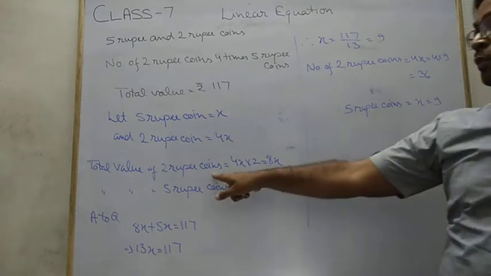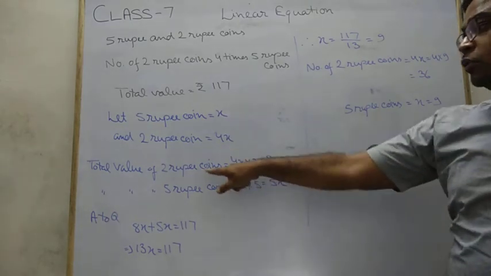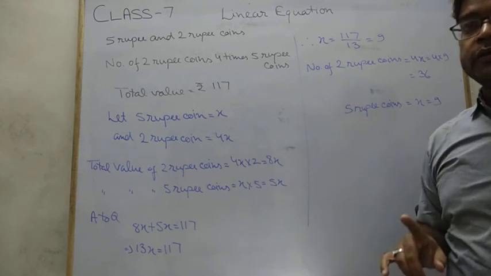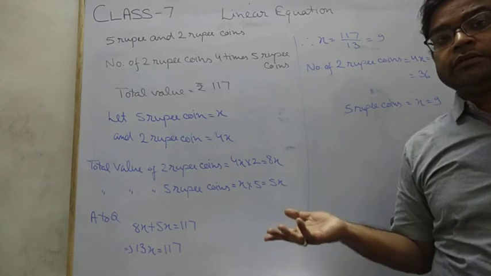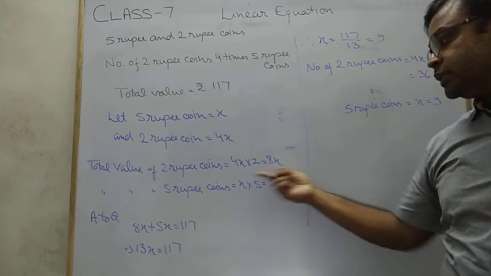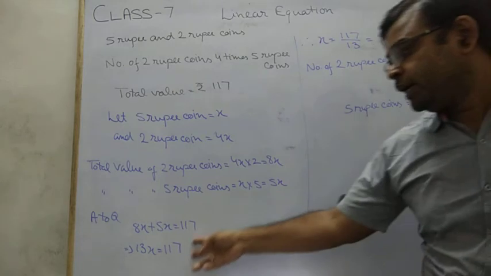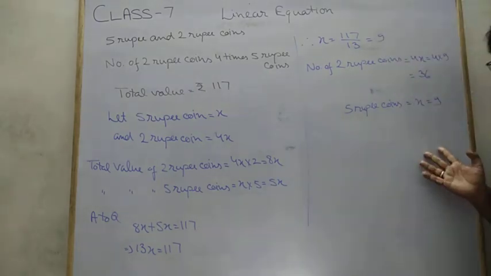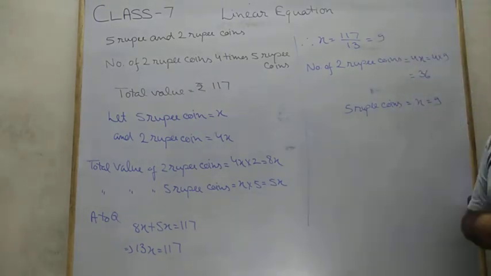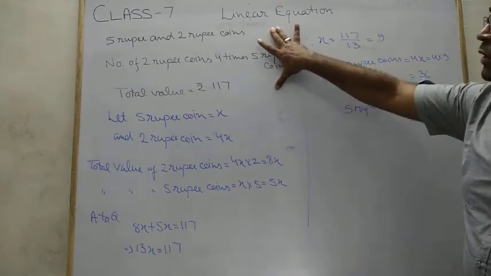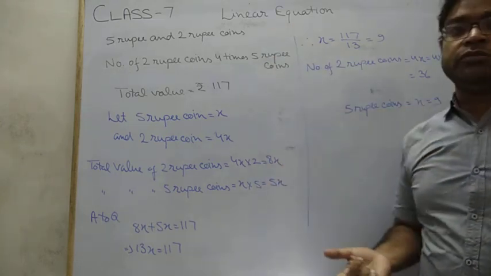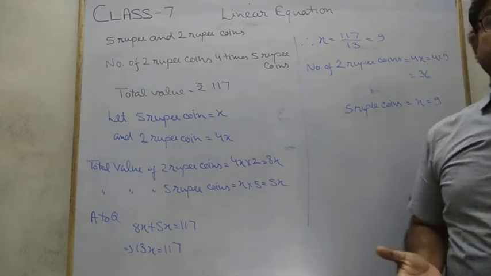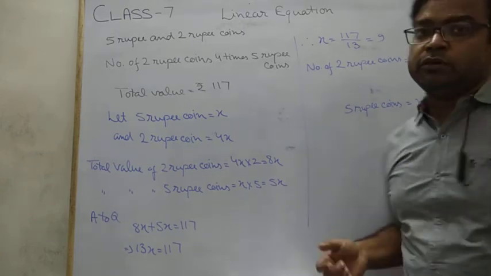Now total value of 2 rupee coins is 4x into 2, since the cost of one 2 rupee coin is 2, so 8x. 5 rupee coins, 5x. When we add, we have the numbers of coins. This is the coin problem. You must see these 3 lines very carefully, then only you are able to continue the solution. In the last question we will discuss property distribution, and then we end this exercise or this chapter.